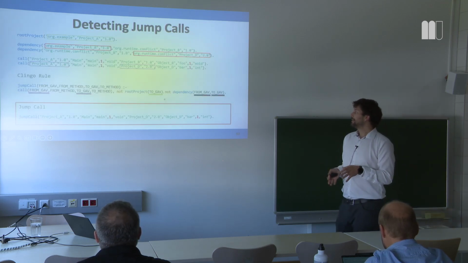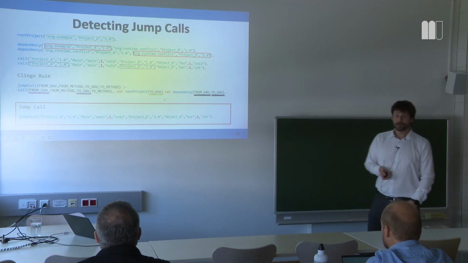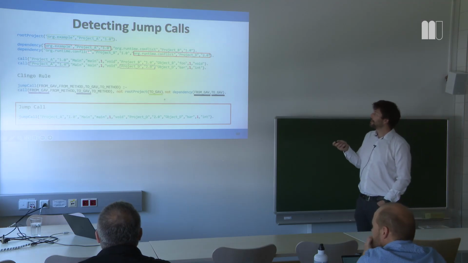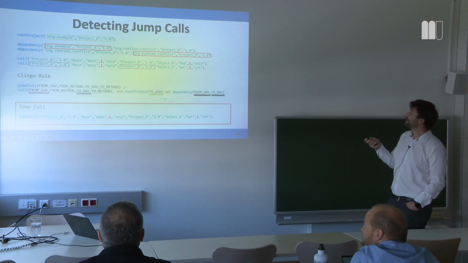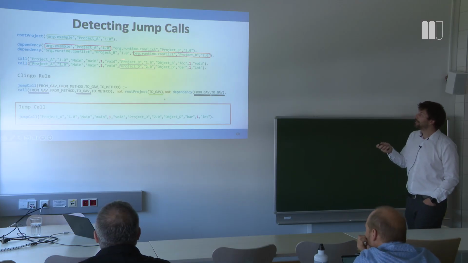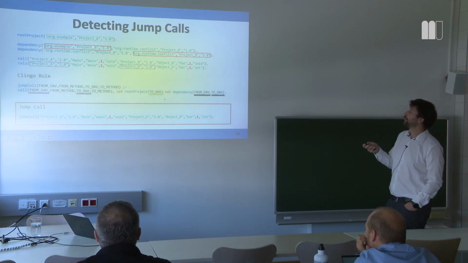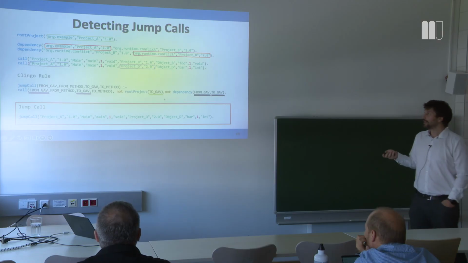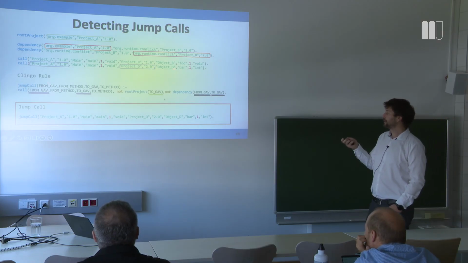In more technical detail, you don't need to understand all the stuff that's now on this slide. What we formulate are all the dependencies. For example, project A has a dependency on project B, project B has a dependency on project D. So project A has a transitive dependency on project D, for example. And also all the calls that are done in the project.